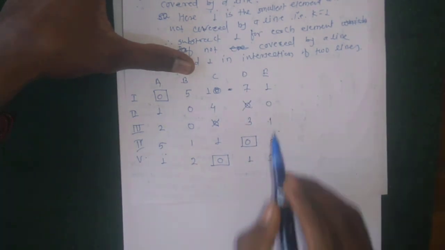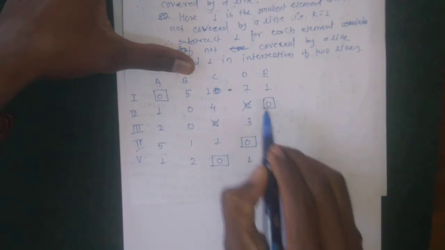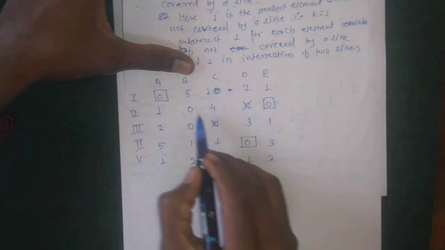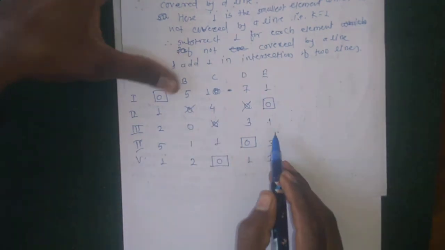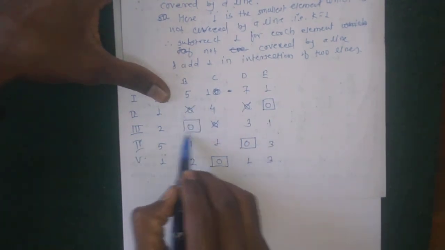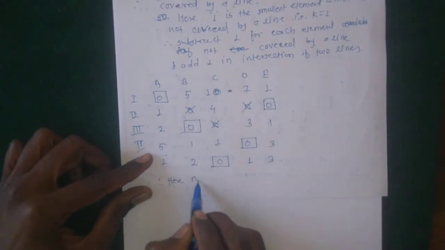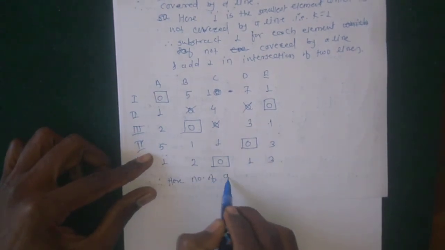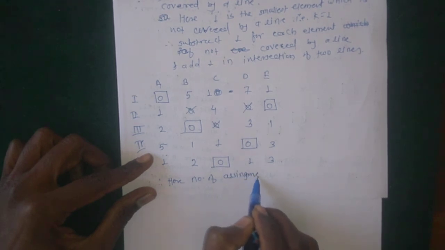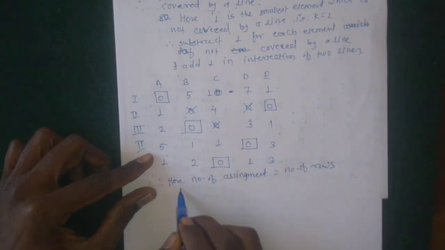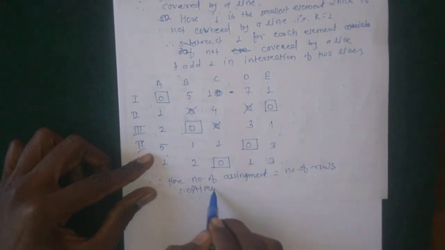Then the fifth column contains exactly one 0; make a square on it, and the remaining zeros get a cross. Therefore, here the number of assignments is equal to the number of rows, and therefore the optimal solution is obtained.